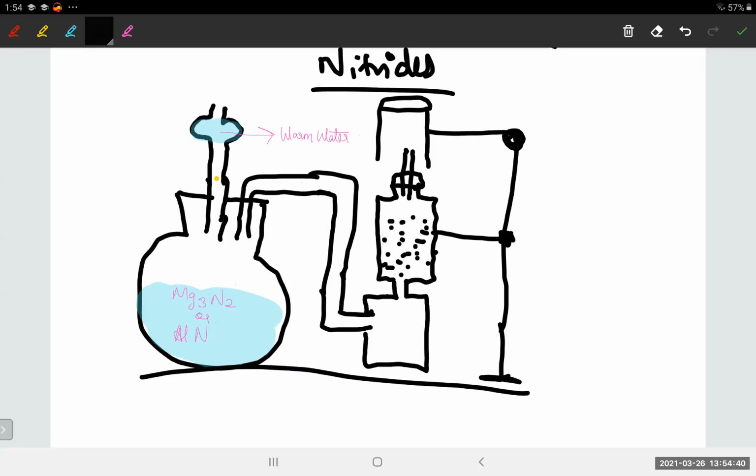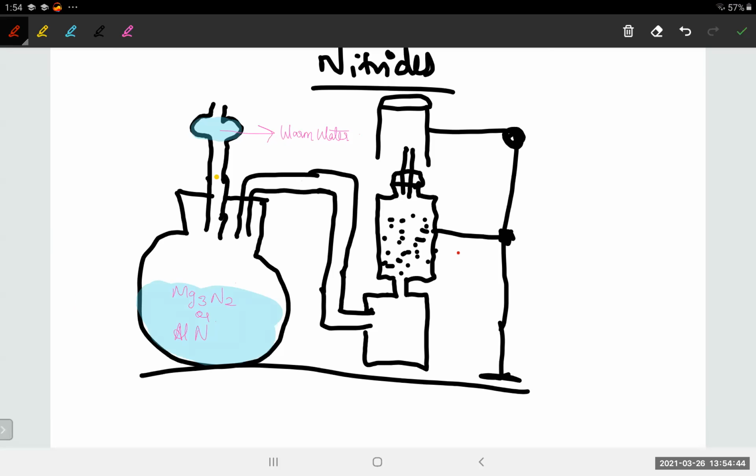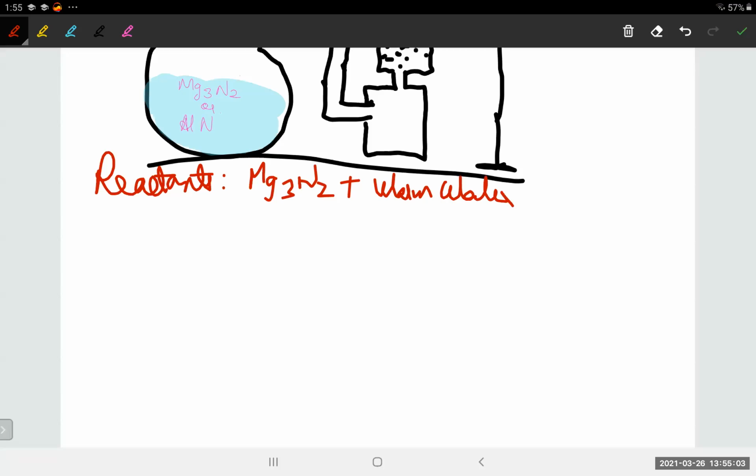So let's now see what reaction is happening. First let's look at the reactants and the products we are getting. The reactants are metal nitrides like magnesium nitride plus warm water.